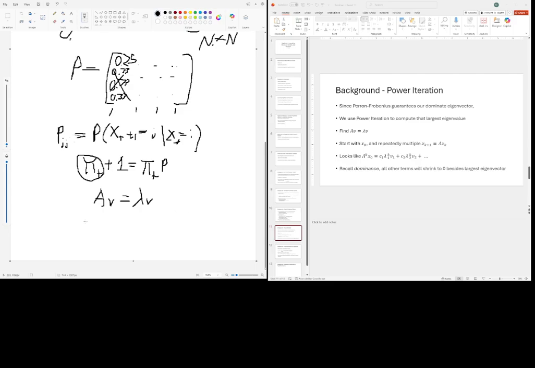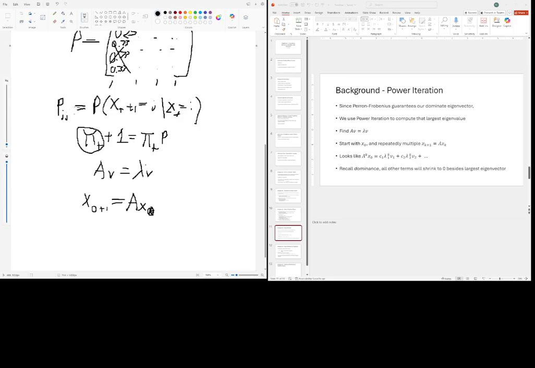We start with a random vector. It can be literally anything. And we repeatedly multiply it times our matrix, which is the adjacency matrix. Anyway, eventually this will look like that formula.